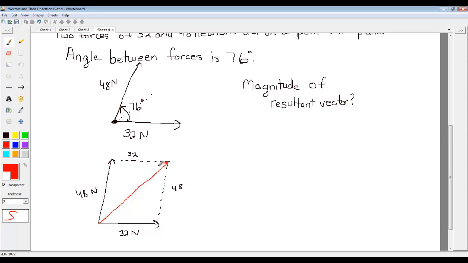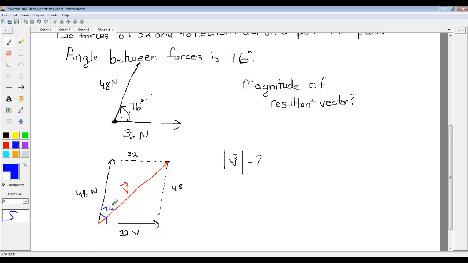We'll just call it V for now. Resultant vector V. And we're interested in finding the magnitude of V. If we look at this more closely, we know that this angle here is 76 degrees.